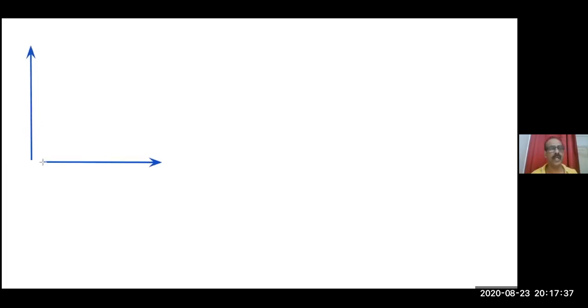The following graph shows the variation of energy with respect to height in the case of a freely falling body.